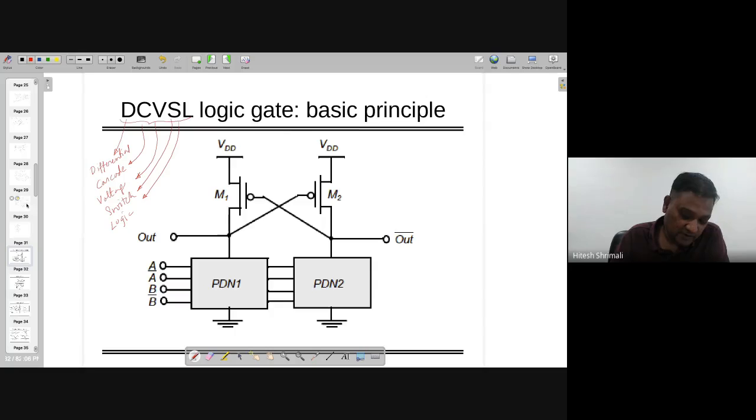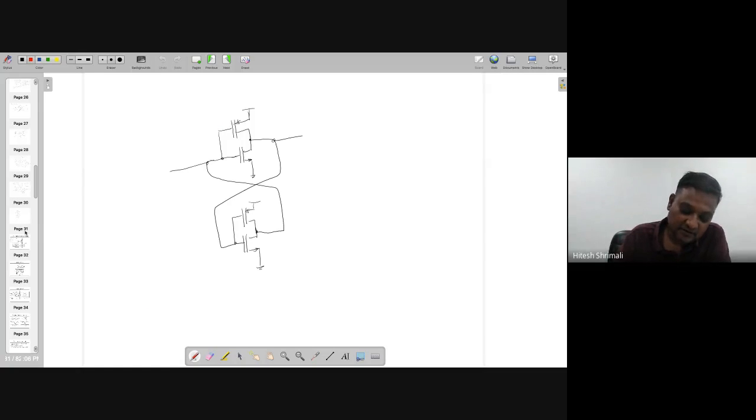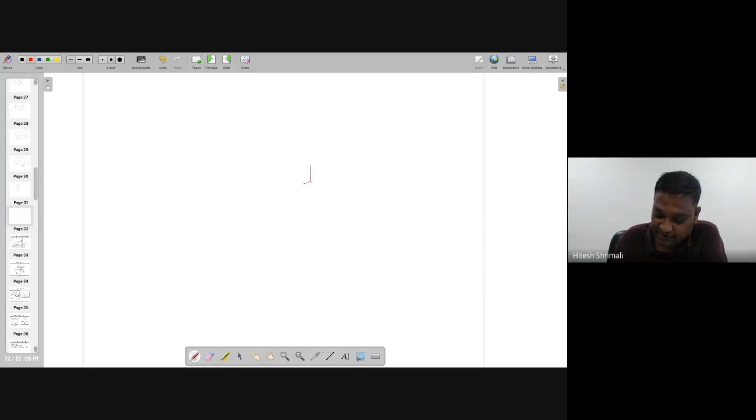We also understand that the configuration when common source is connected to common gate is known as cascode, like this. So this is a cascode connection, not a cascade. Cascade goes like this. If I want to cascade it, it goes like this.